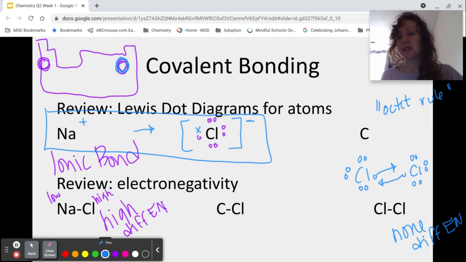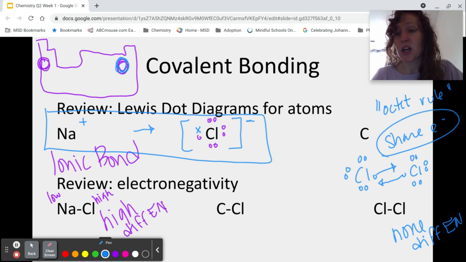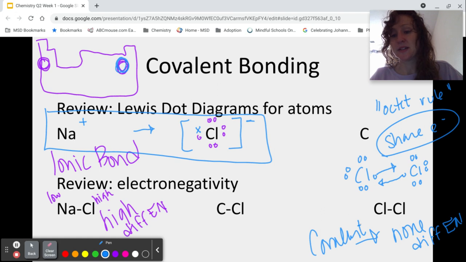And so what happens is these two things become attracted to each other, but they don't actually take the electrons away from each other. So they tend to share electrons, and that's what a covalent bond is. So if you have no difference in electronegativity, you are going to form a covalent bond. And we'll talk about what the Lewis dot diagrams for those look like in just a second.